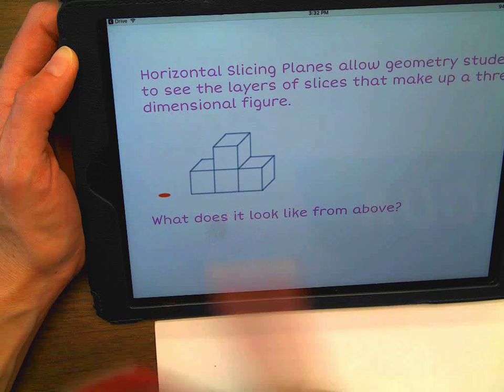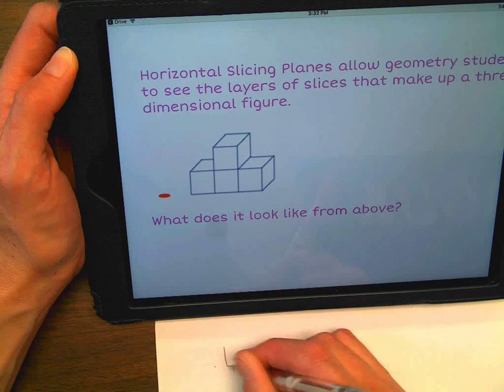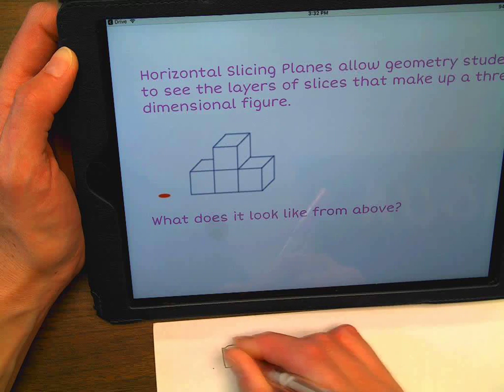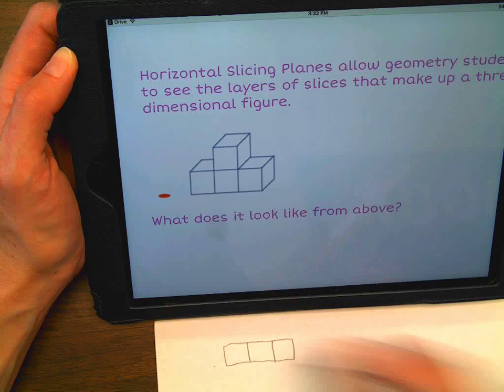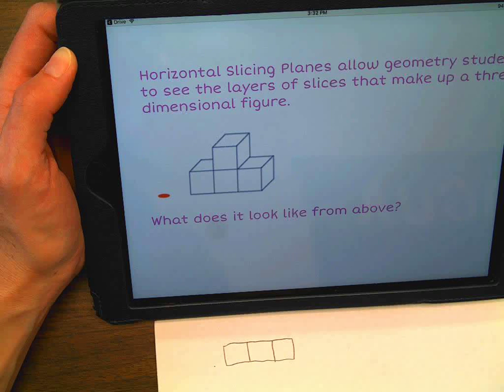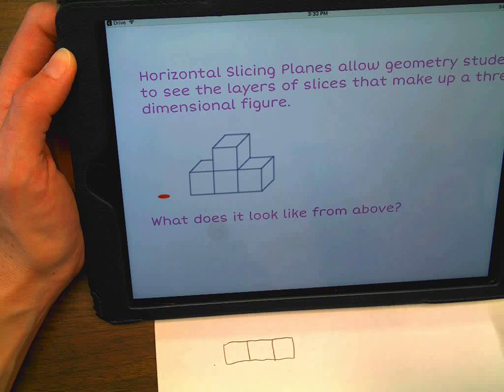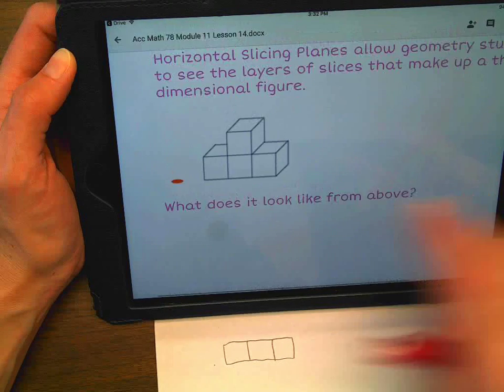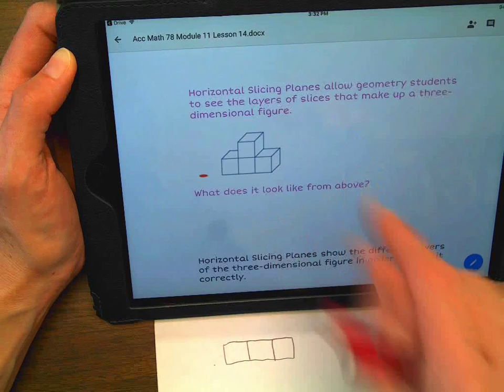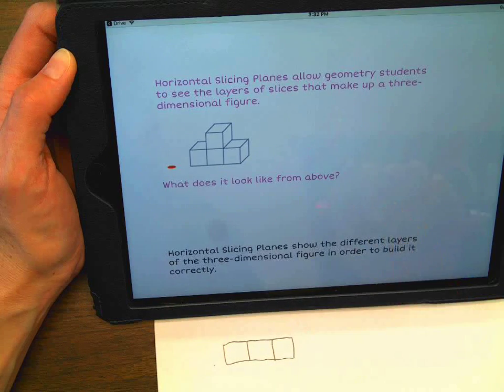What I'm thinking it will look like from above is something like this. How many of you agree? If I was a bird flying above this figure, it doesn't have any depth, right? Then I know that the little shape sitting in front of me would look like this from above.